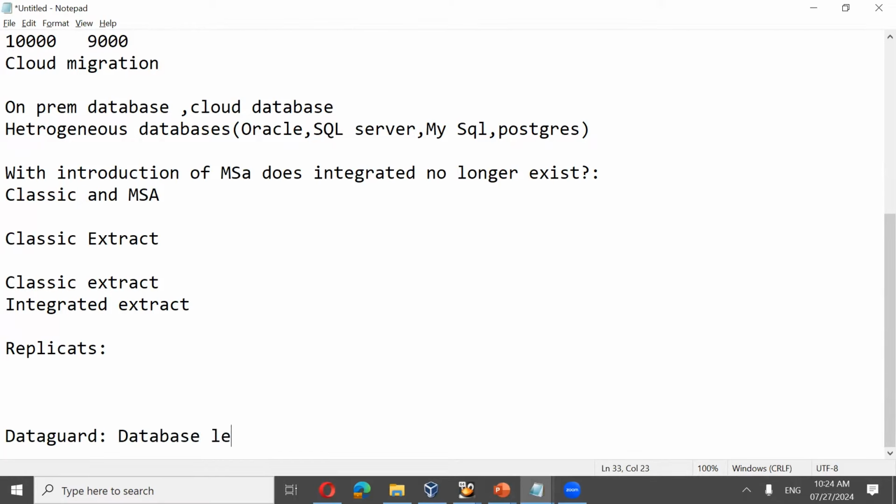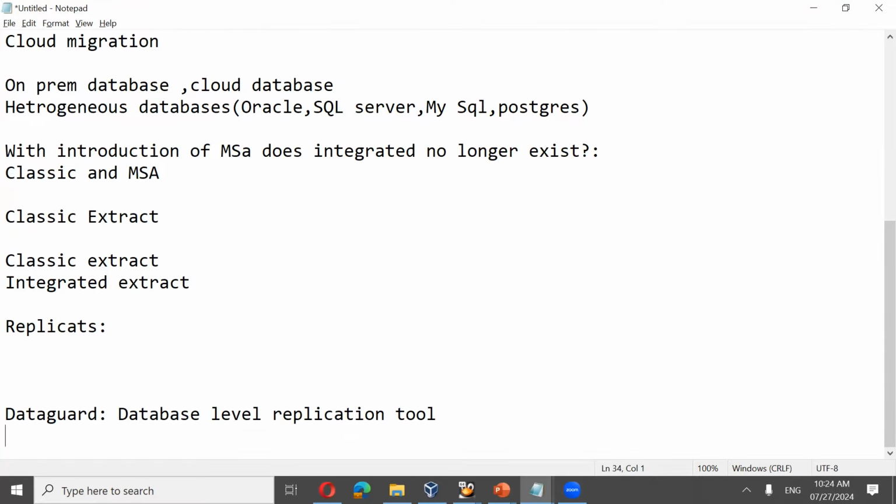Whatever activity is happening on your source, primary database will be replicated to your secondary database, block by block. Alter system, alter database, any database parameter change you make will be replicated to the target. But GoldenGate is not database level replication. It's an object level replication.